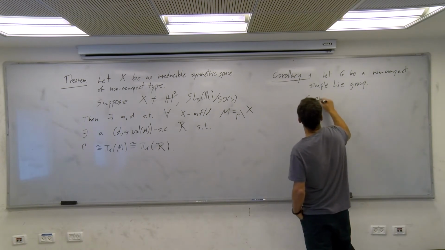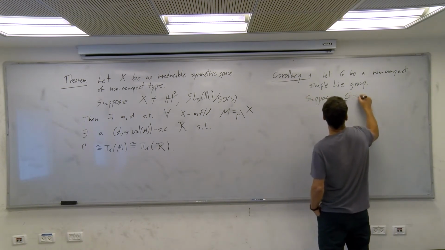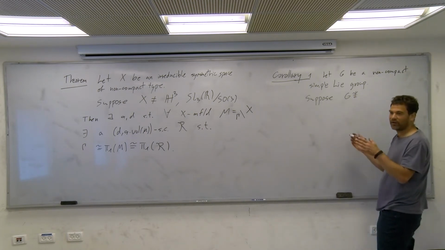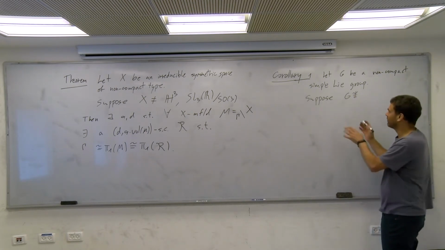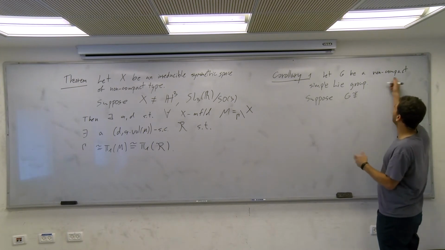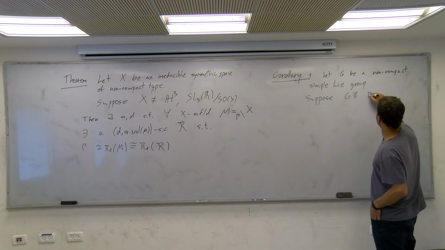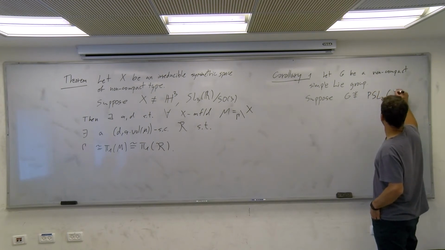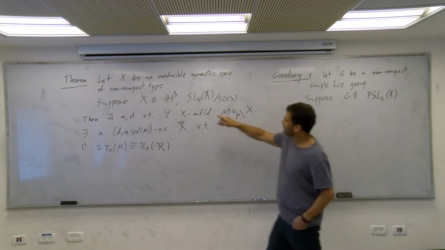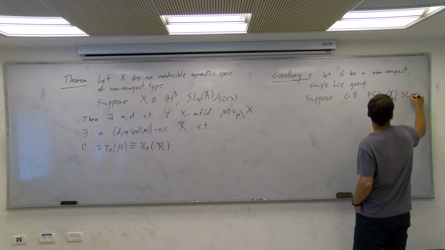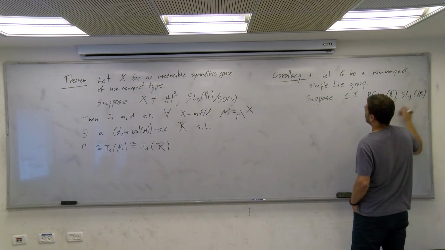Suppose that G is not, and here I mean locally isometric, so I don't care about finite center. So suppose it's not PSL2C. SL2C is the isometry group of H3. And suppose that it's not SL3R. These are the two cases that I don't know how to deal with.